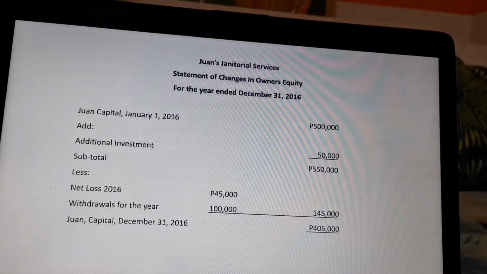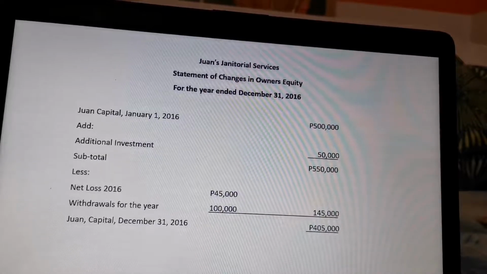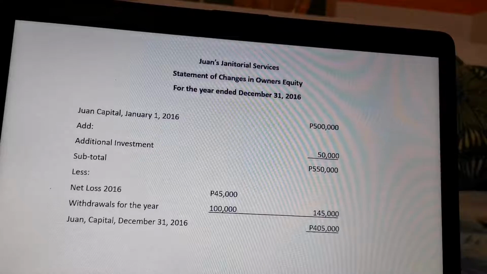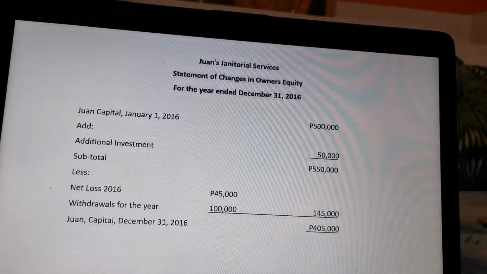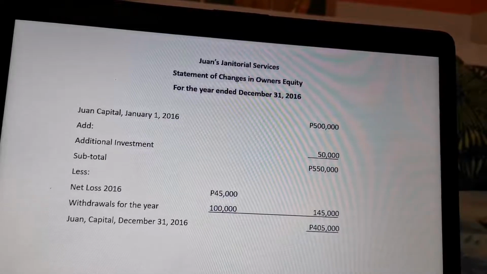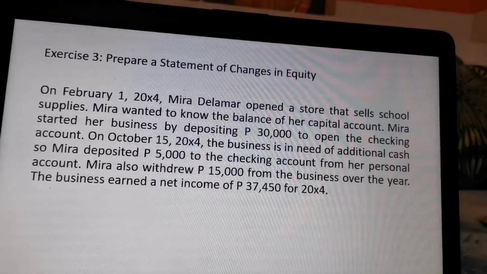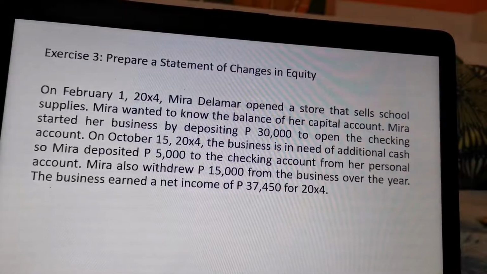So we have net loss of 45,000 and withdrawals of 100,000. So we have 145,000 at ang ending capital balance ni Juan ay 405,000. We have 550 less yung 145,000.